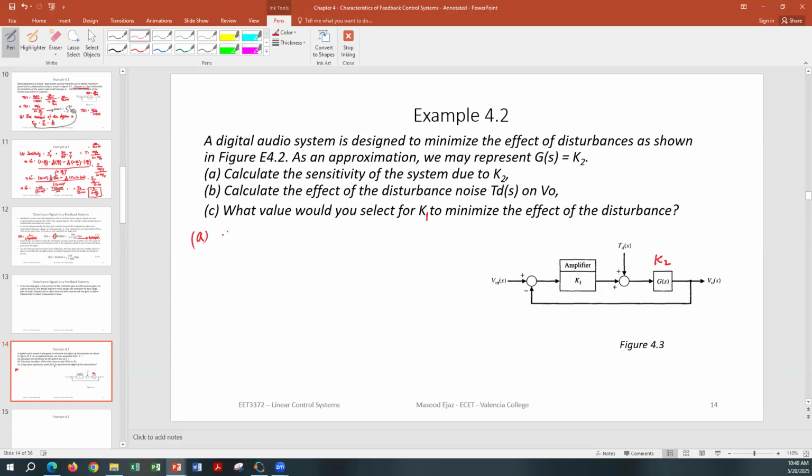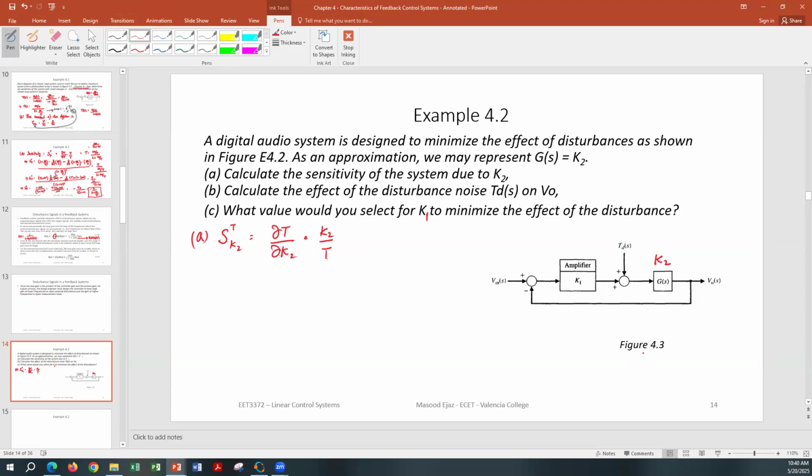So the sensitivity of the system transfer function with respect to K2 is the rate of change of the transfer function with respect to changes in K2, times K2 over the transfer function. So first we're going to write down the transfer function of the system.